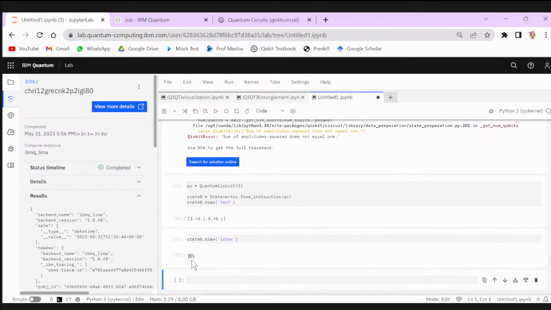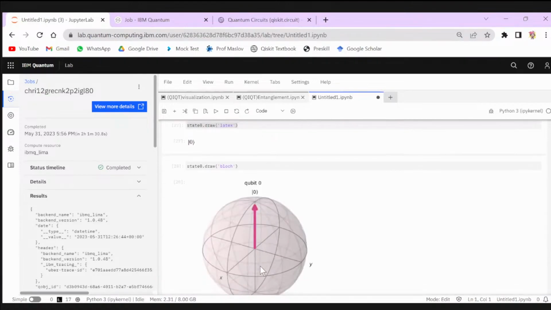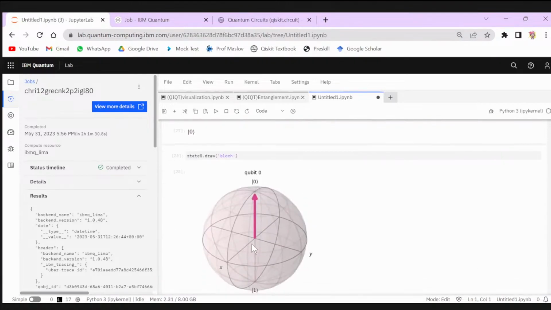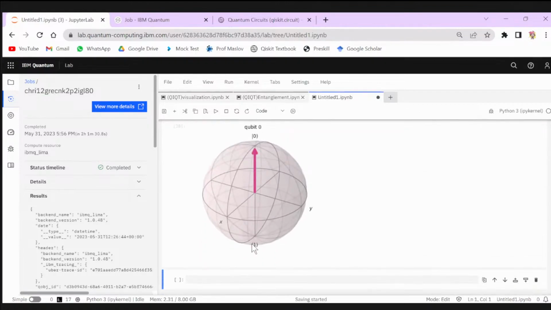You can see we can write the state vector like this, and we can get the Bloch representation also. So you can see we get the Bloch representation of any state. So let's try to calculate the state after different operations.